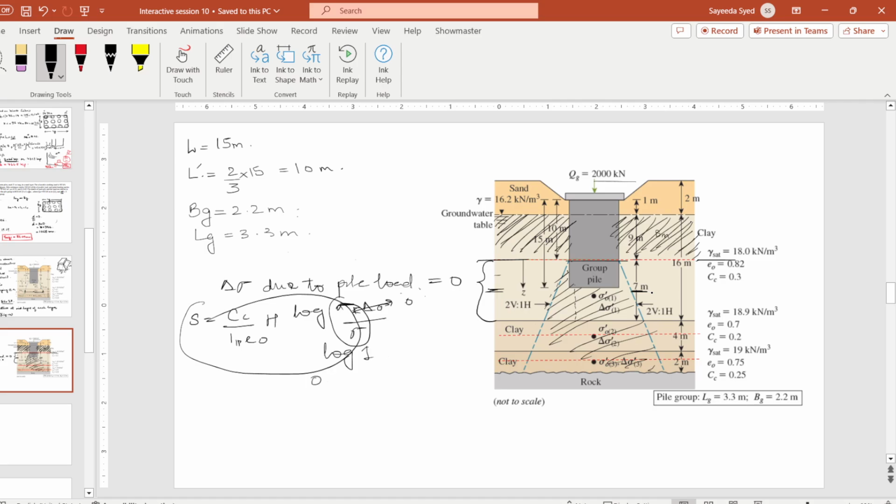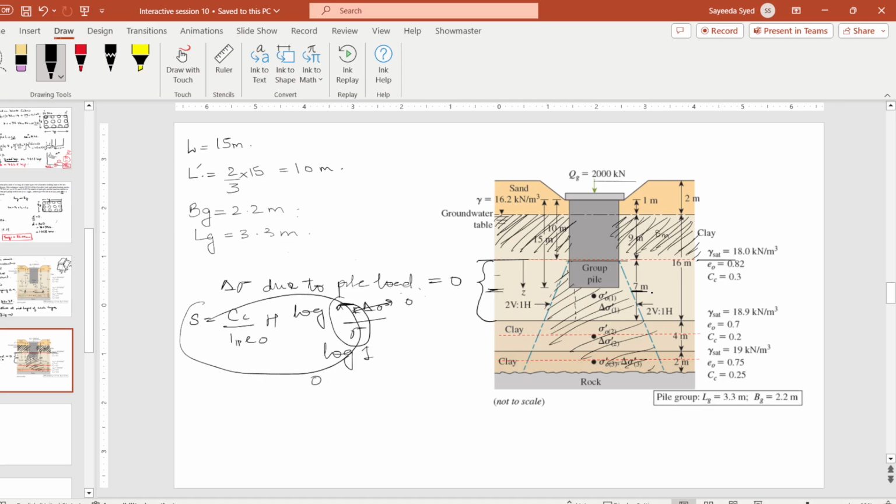Now delta sigma 1 will be equivalent to, we know delta sigma equals Qg over (Lg plus Z) times (Bg plus Z).